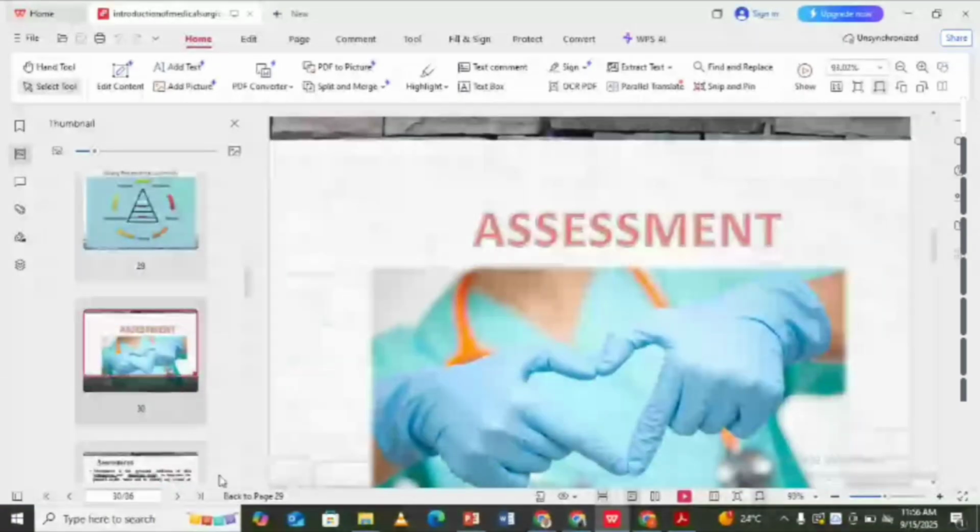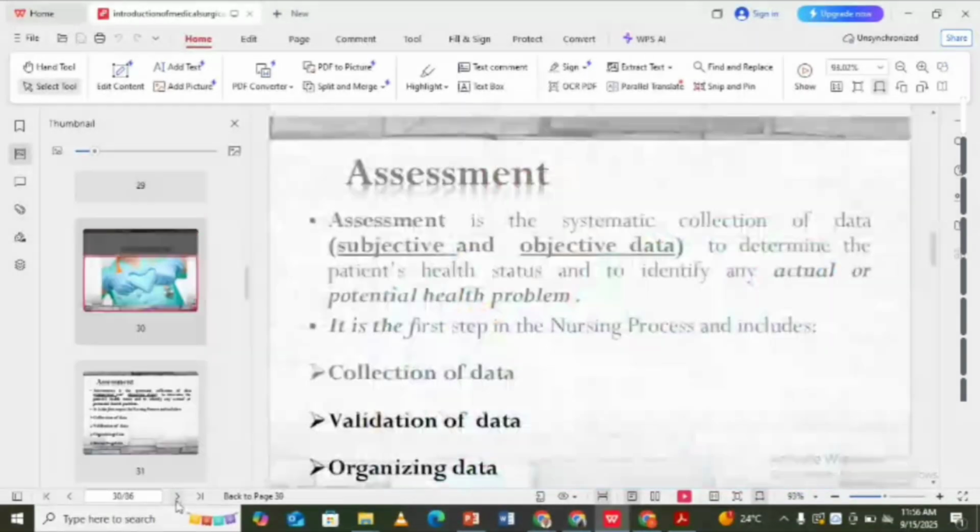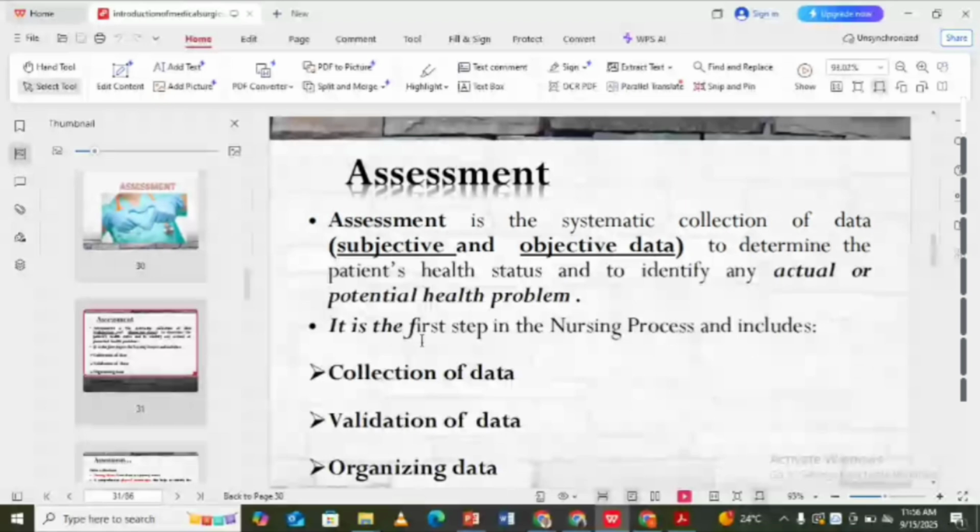So the assessment, which talked about the collection of data, be it subjective or objective data, both of them are very important because they help you to determine the patient's health status and identify actual and potential health problems, and it's the very first step of the nursing process.